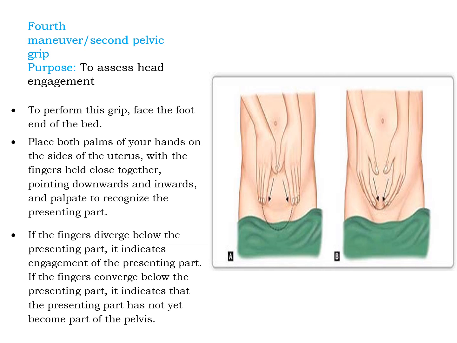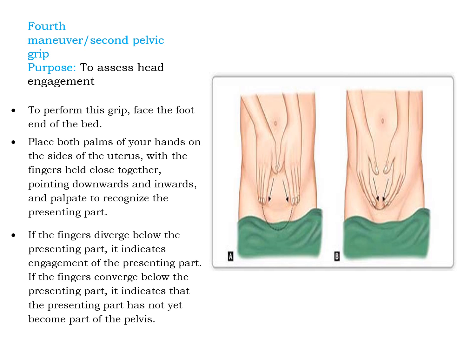So to do this technique, what you need to do is face the foot end of the bed. You have to stand in such a way that you are facing towards the mother's feet.